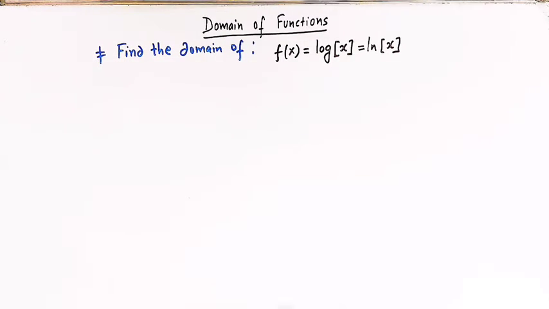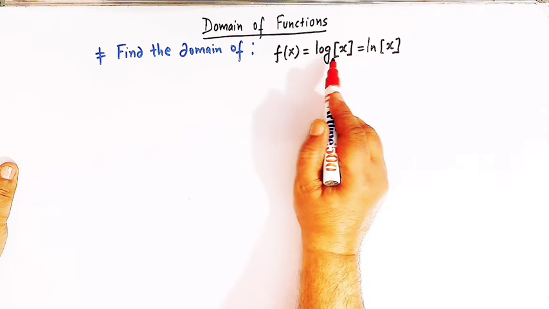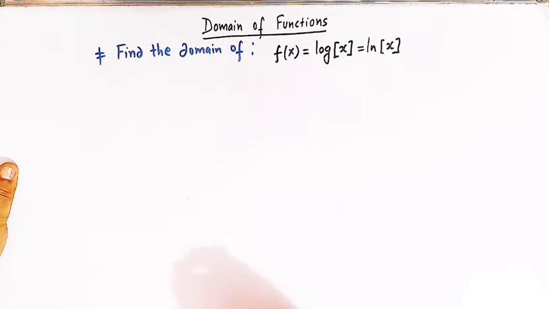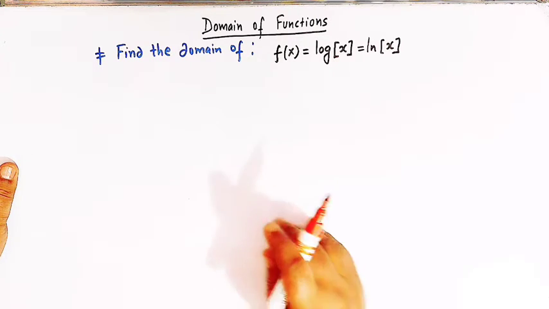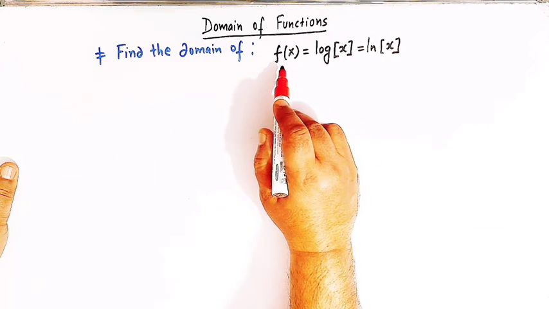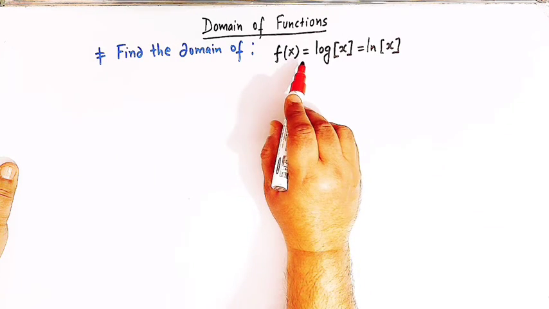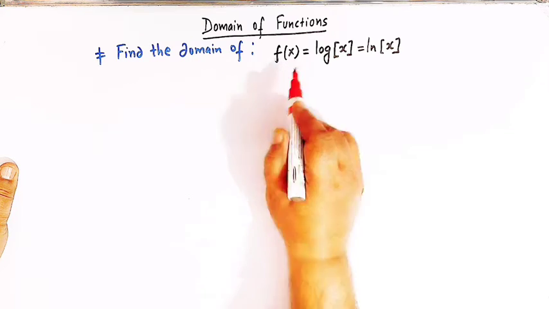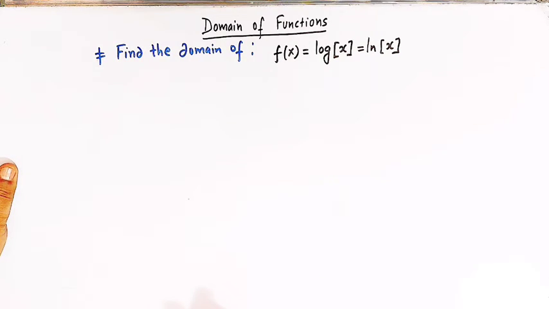Now to get the domain of this function, we'll make use of the definition of the greatest integer function, right? And we'll also draw some important conclusions to arrive at the domain of this function. So let us take these important points one by one.